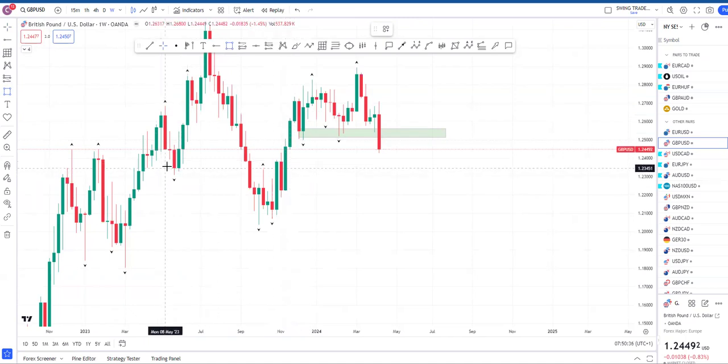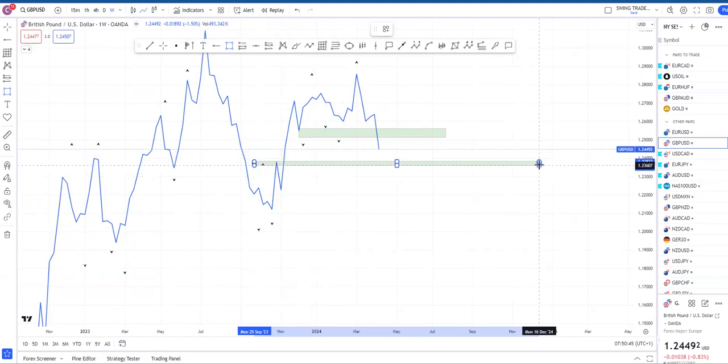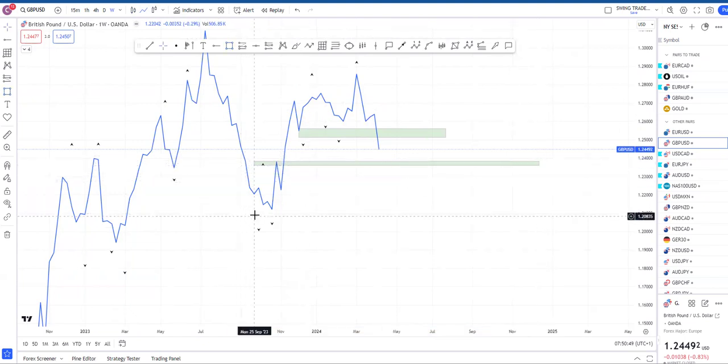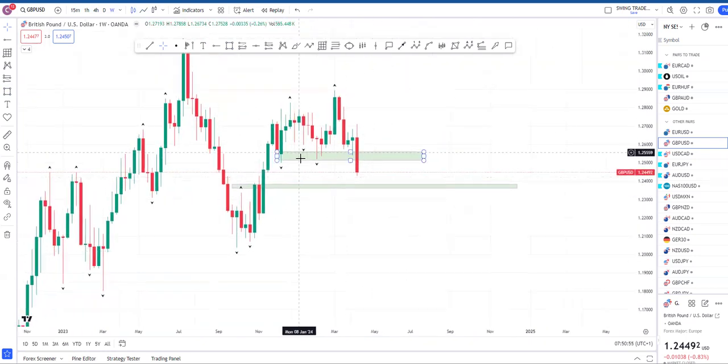So although if you turn the line chart on, you can see it. That's what I mean. So that structure there is also very interesting to know that there is a structure here too. And also then we can have a low. But nevertheless, looking at that structure, we can tell the price already broke down with a pullback.